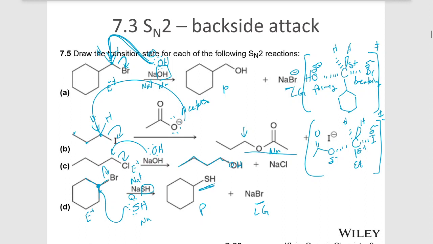Now what does our transition state look like? This one's a little bit tougher because at that carbon bearing the bromine, we've got hydrogen, and then the other 2 carbons. We've got to orient this such that the bromine is leaving, so this is going to be a little more challenging to draw.